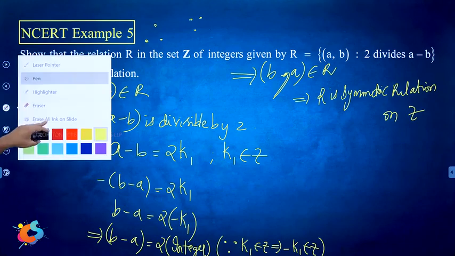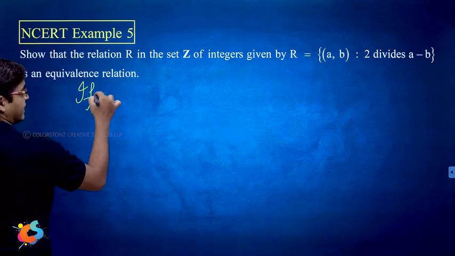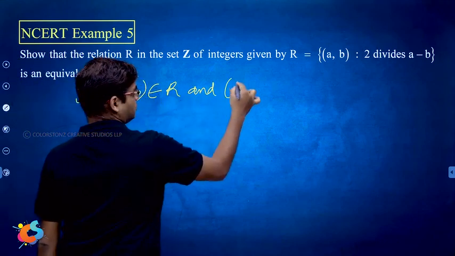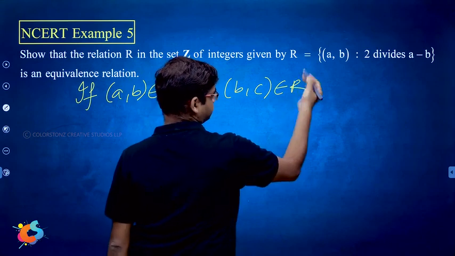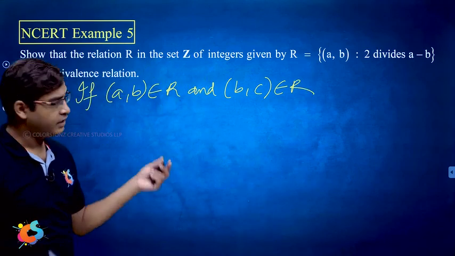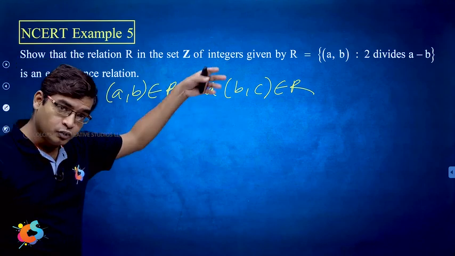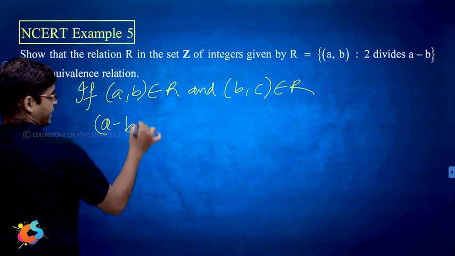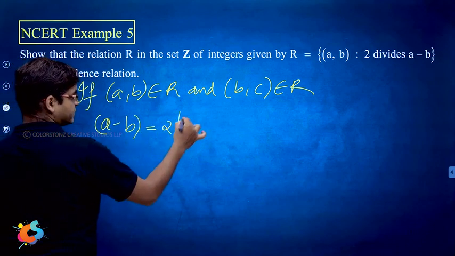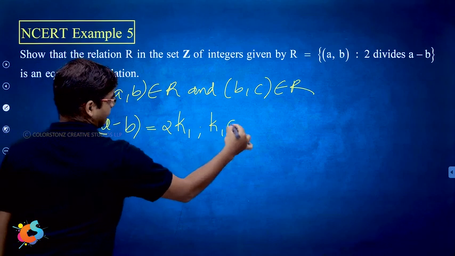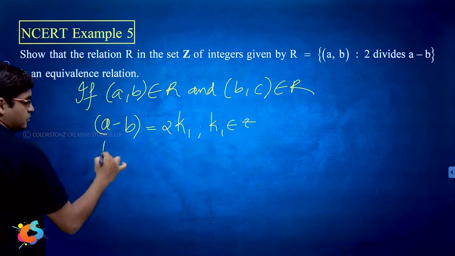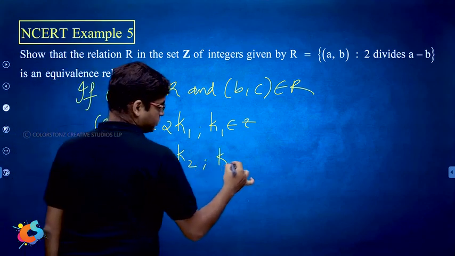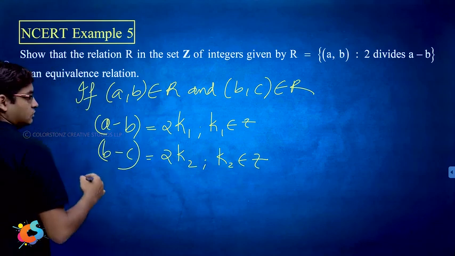So now let us take the next one, and that is for proving that this is transitive. If a comma b belongs to R and b comma c belongs to R, till here it is fine, right? If these two belong to R, then we have to prove a comma c belongs to R. So a comma b belonging to R implies a minus b is 2 times some integer k1 belonging to Z. In the same way, b minus c is also 2 times some integer k2.